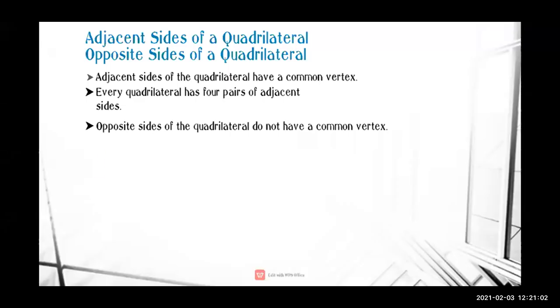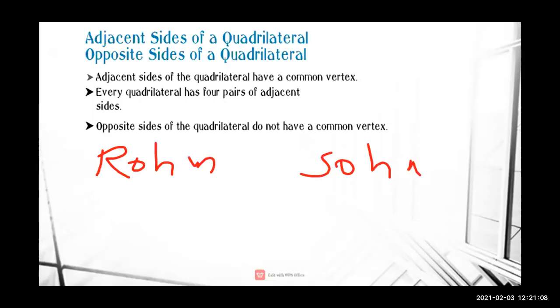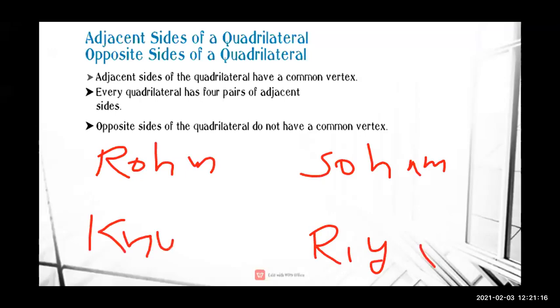Here is Rohan, here is Soham, here is Riya, and here is Kriya. These are our 4 vertices. Now, how will you identify the adjacent sides?